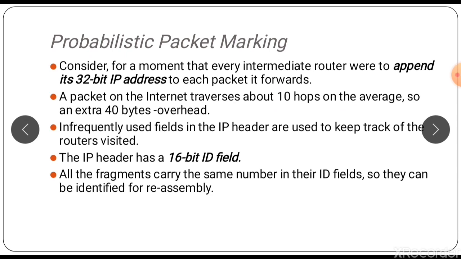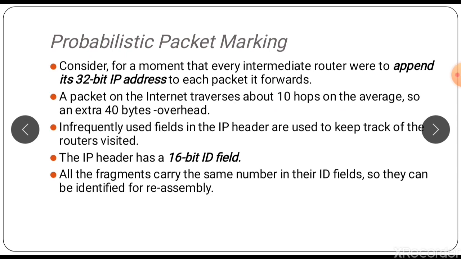First we will see what we mean by probabilistic packet marking. Consider for a moment that every intermediate router were to append its 32-bit IP address to each packet it forwards. That is, we go for packet marking.